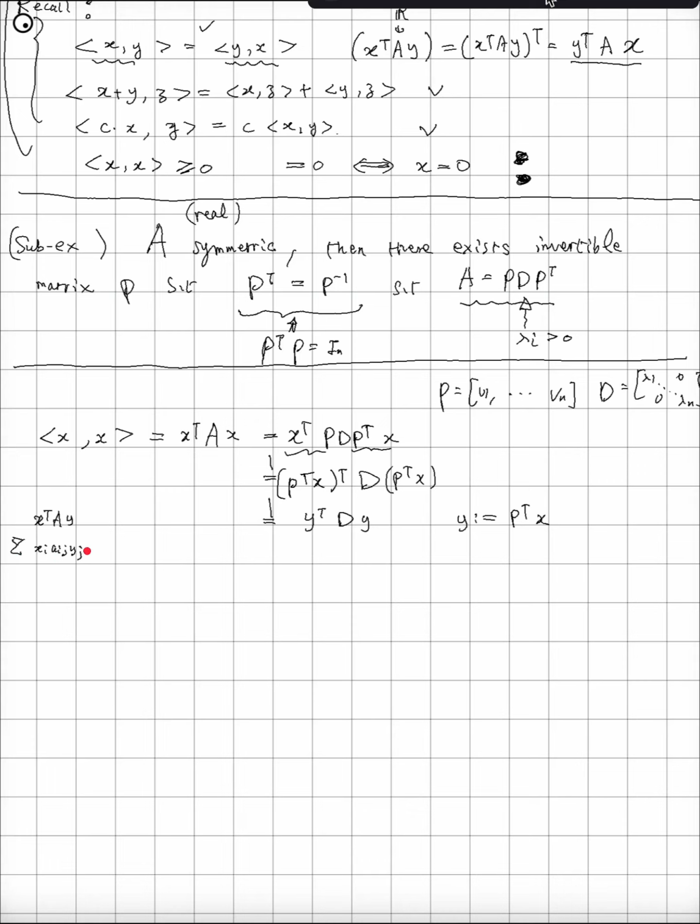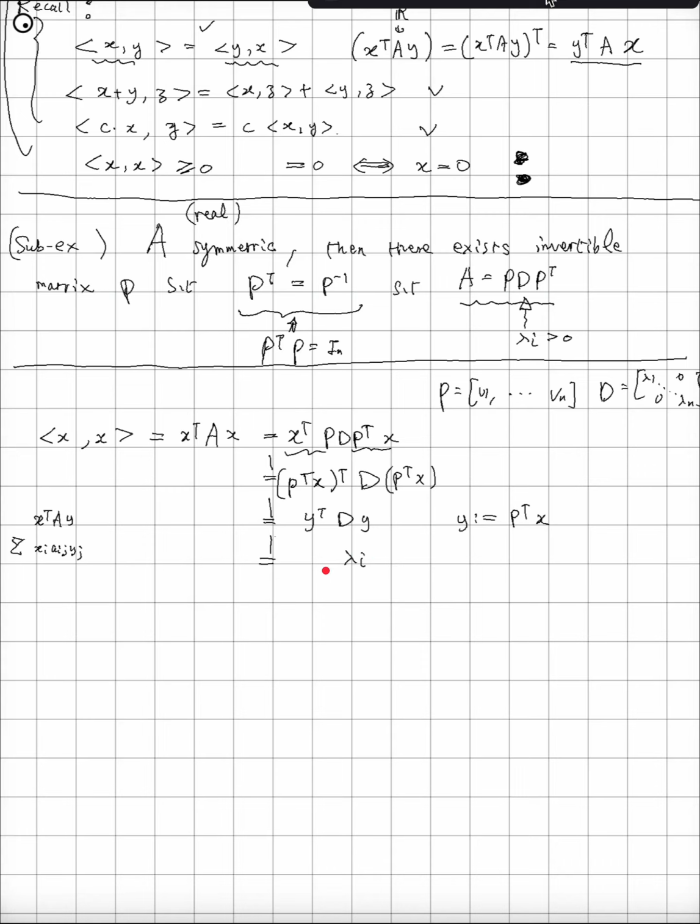And so here it tells you that, basically, this D is diagonal, so we only have those on the main diagonal. And on both sides, it will correspond to yi and yi.